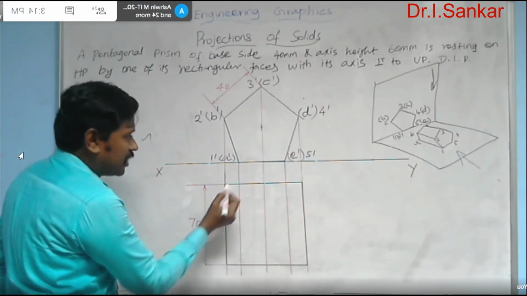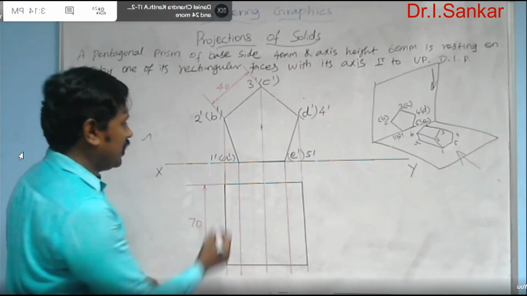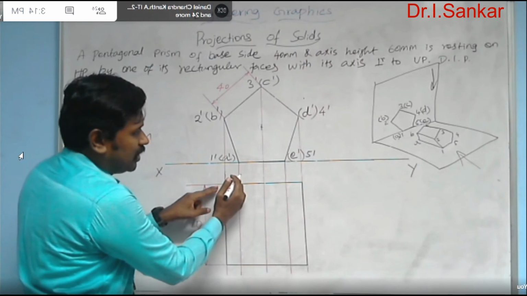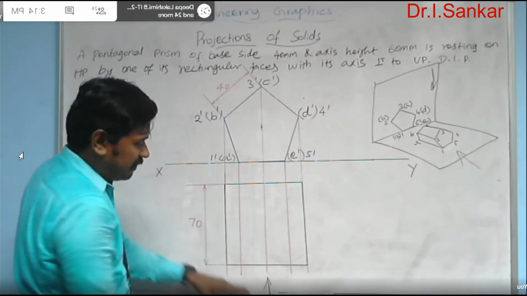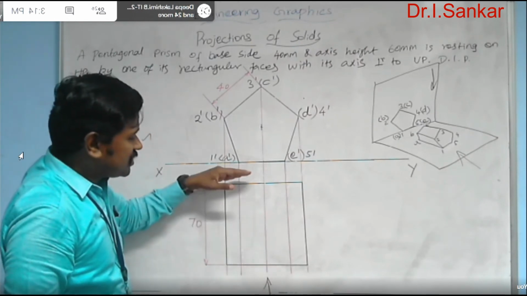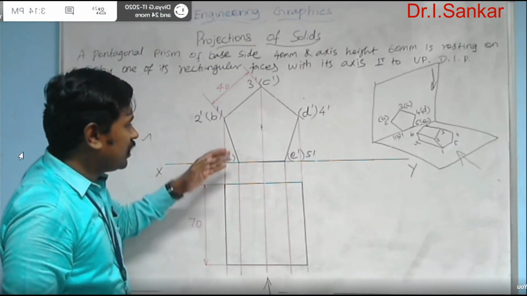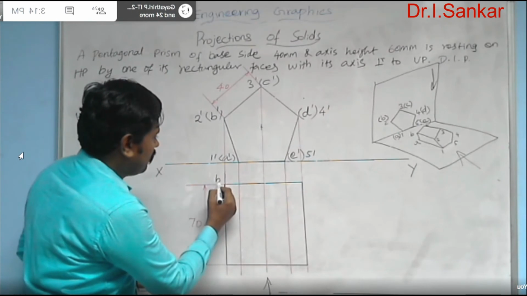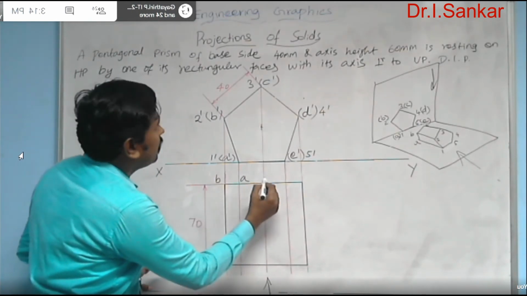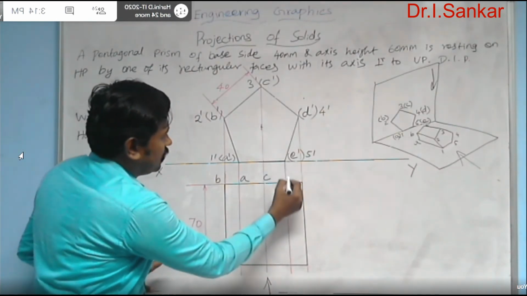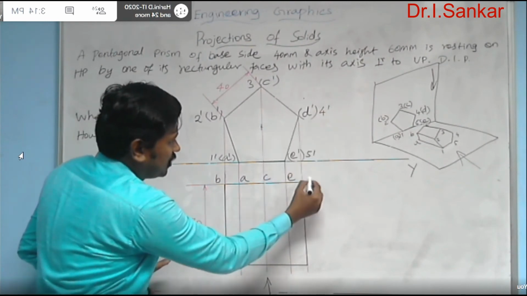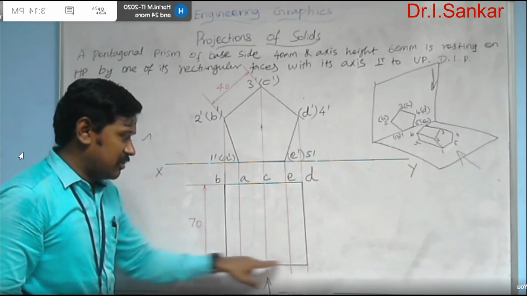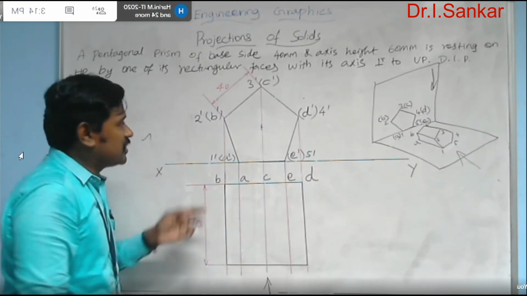And now you can mark the name for each and every corner here. The corners which are nearer to XY, that is when you look at the solid from the front, the corners invisible to your eyes are nothing but our alphabets. So starting from this, you can mark as B, A, C, projector of E, projector of D. In the same way, the rest of the corners are the face corners.